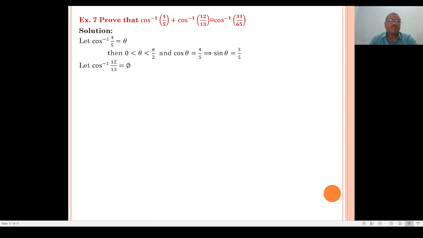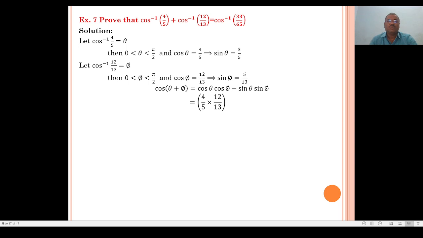Let cos inverse 12 by 13 equal phi. So phi lies between 0 and pi by 2, and cos phi equals 12 by 13 implies sin phi equals 5 by 13. So cos of theta plus phi equals cos theta cos phi minus sin theta sin phi. So we get 4 by 5 into 12 by 13 minus 3 by 5 into 5 by 13. So we get 48 by 65 minus 15 by 65. So cos of theta plus phi equals 33 upon 65.